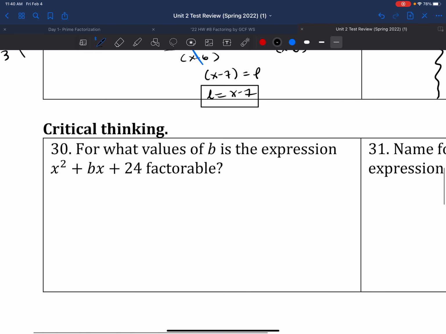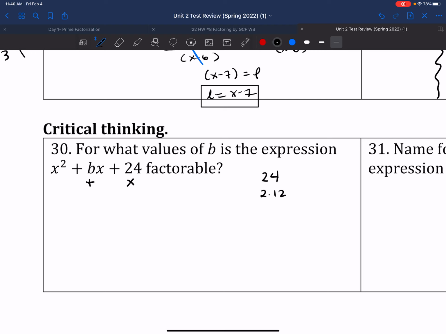For what values of b is the expression x squared plus bx plus 24 factorable? So remember, we multiply this and we add to get that, right? Because when we're doing the x method, the b is in the bottom, the 24 goes at the top. So let's put 24 here and think of two numbers. I'm thinking 2 times 12.